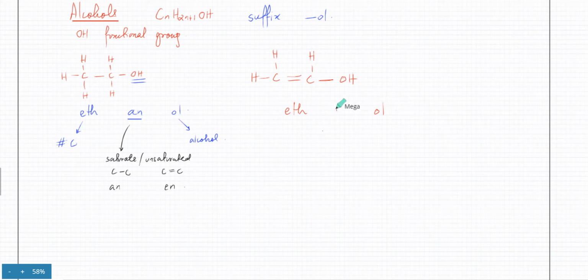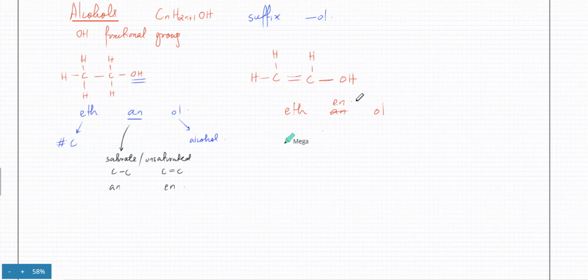And instead of the 'an', there's going to be 'en' because it is unsaturated. Just remember that this 'an' and 'en' would matter everywhere, because you have lots of big molecules. Some have double bonds, some don't. Some are saturated, some are unsaturated. From now on, this part would be important, whether you call it 'an' or 'en'.